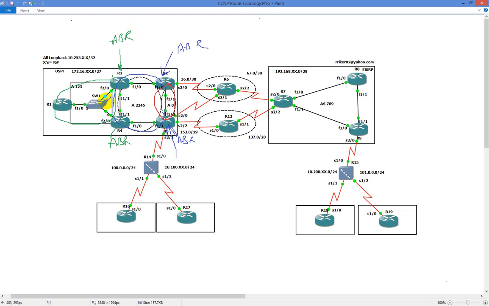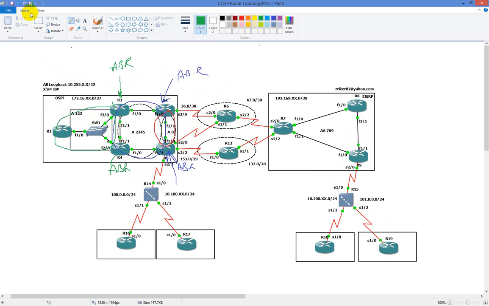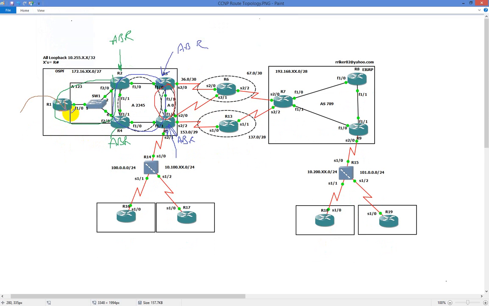Now, this is assuming that this is not doing any external routing into the domain. The moment, and I'm going to go to brown, the moment I redistribute a route into OSPF, whether this is a stub area, whether it's a not so stubby area, whether it's just a regular area that we use a virtual link to bridge area 0 over the non-backbone area 2.